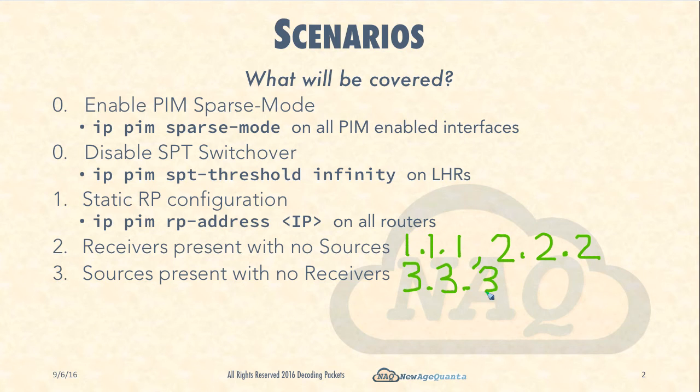So 239.3.3.3 would be our group. There would be a source sending multicast packets to this group, but there would be no receivers at all present in our particular network. So let's go ahead and take a look at this.